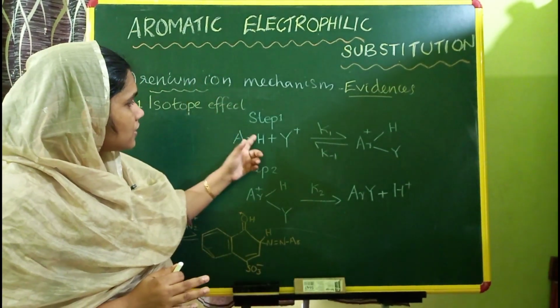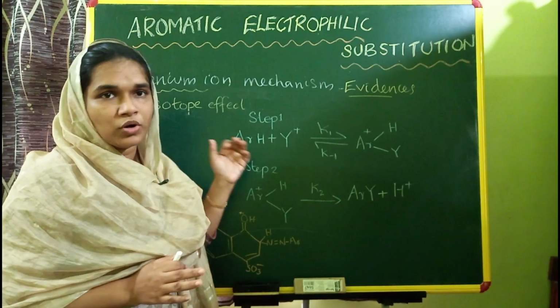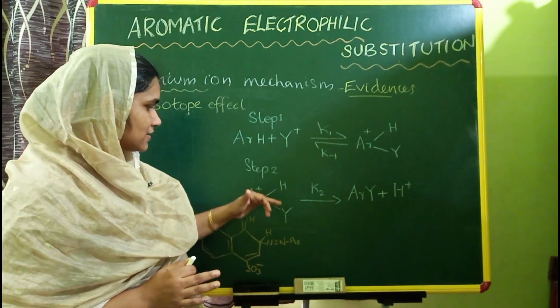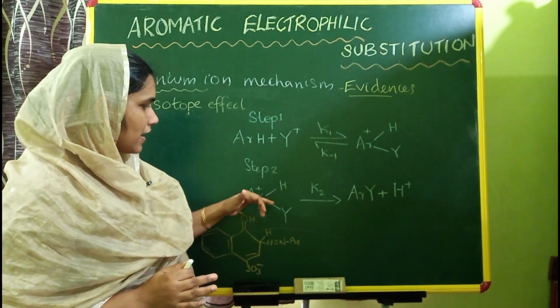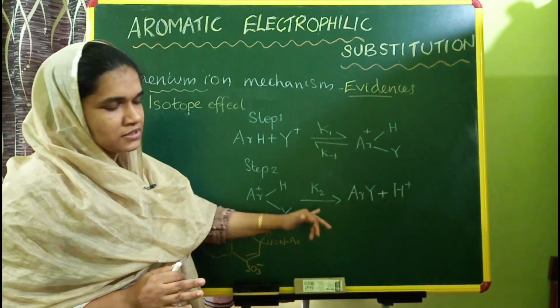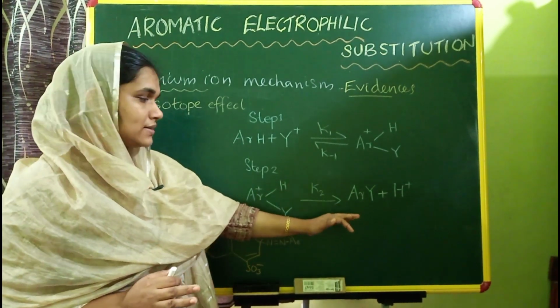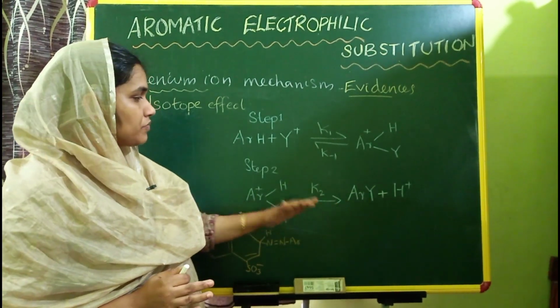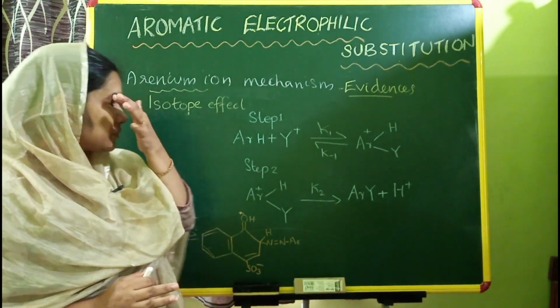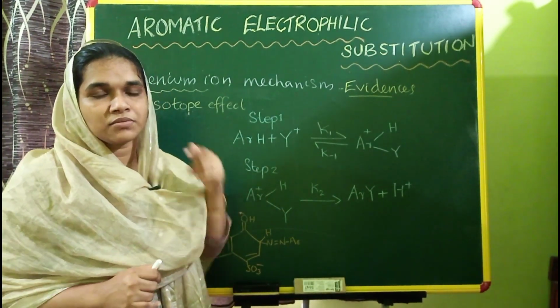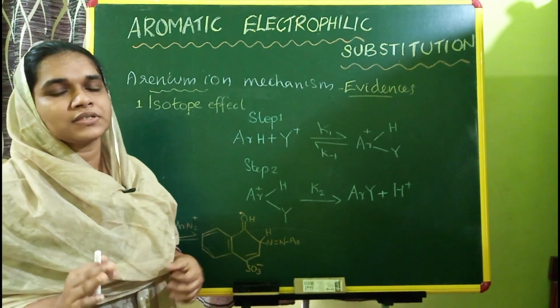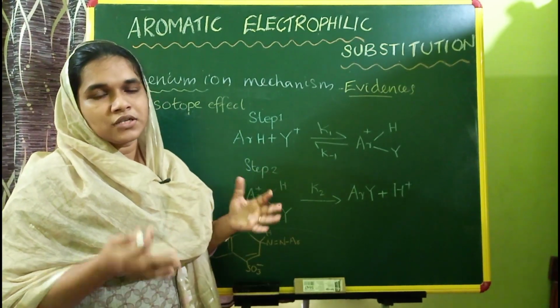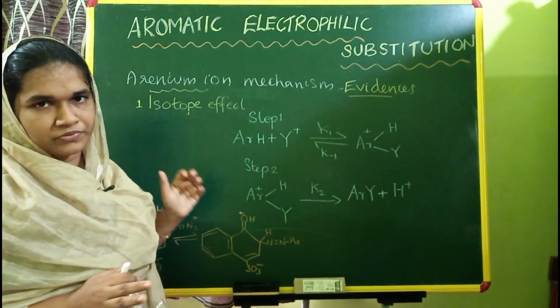Here the C-H bond is breaking only in this second step, and this step is usually not the rate determining step. Aromatic electrophilic substitution reactions usually do not have an isotope effect.